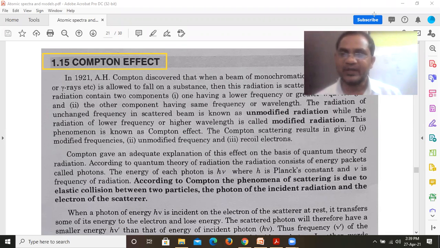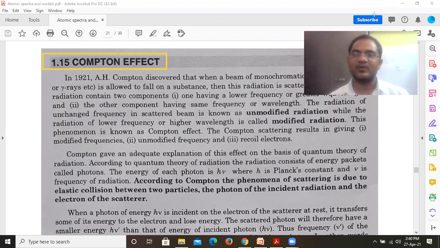So the collision between the photon and the free electron in the scattering material is taken as an elastic collision. That's why kinetic energy and total energy are conserved, and linear momentum is also conserved.